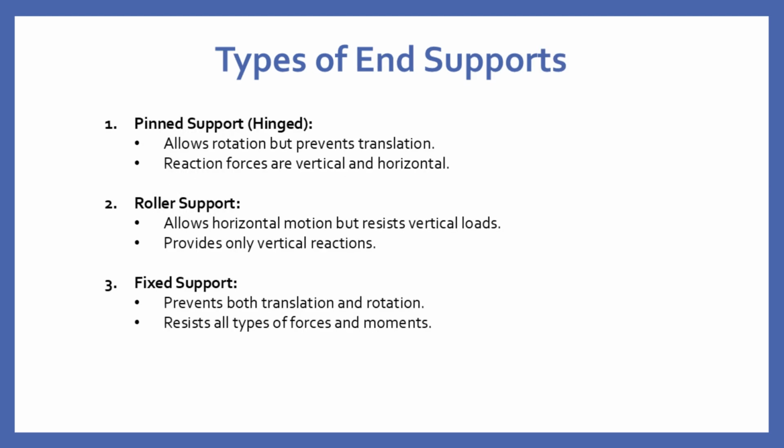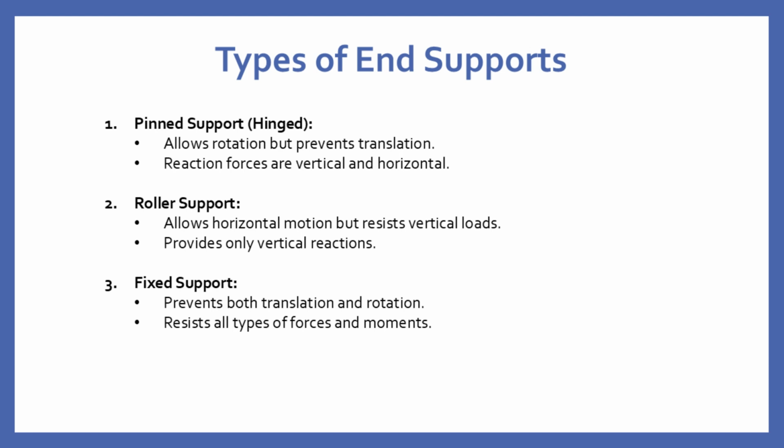Now, let's explore the different ways we can support our beams. We have three main types of supports, each with its own unique properties. First, there's the pin support, which acts like a door hinge. It can rotate but won't move up, down, or sideways. Then we have roller supports. Imagine a beam sitting on marbles. It can move horizontally, but not vertically.